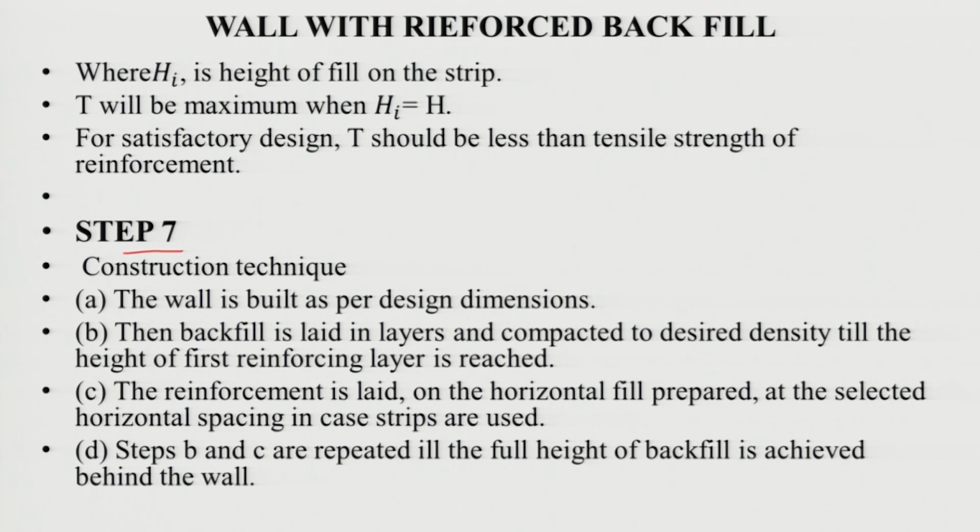Next, the reinforcement is laid on the horizontal fill prepared at the selected horizontal spacing in case strips are used. And D, steps B and C are repeated till the full height of backfill is achieved behind the wall.